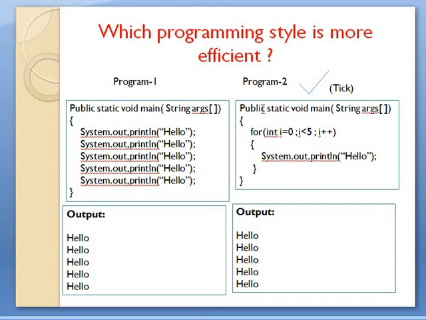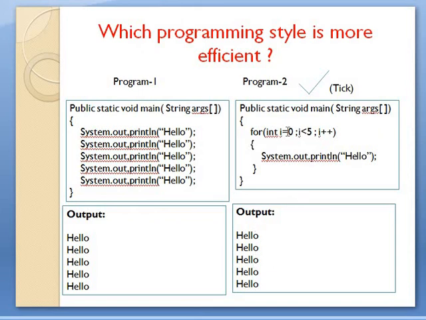This is because program number 2 looks much simpler and abstract, using the for construct as shown in this slide to print the word hello 5 times in the output.